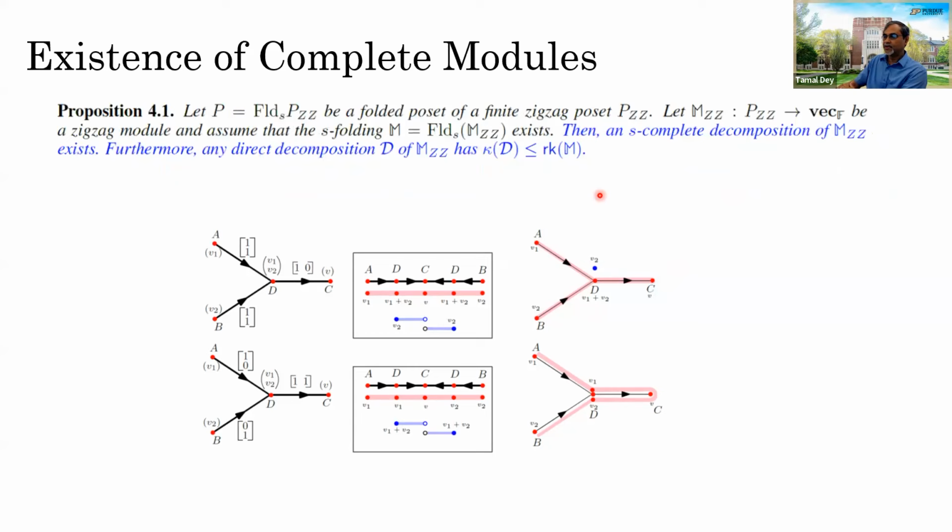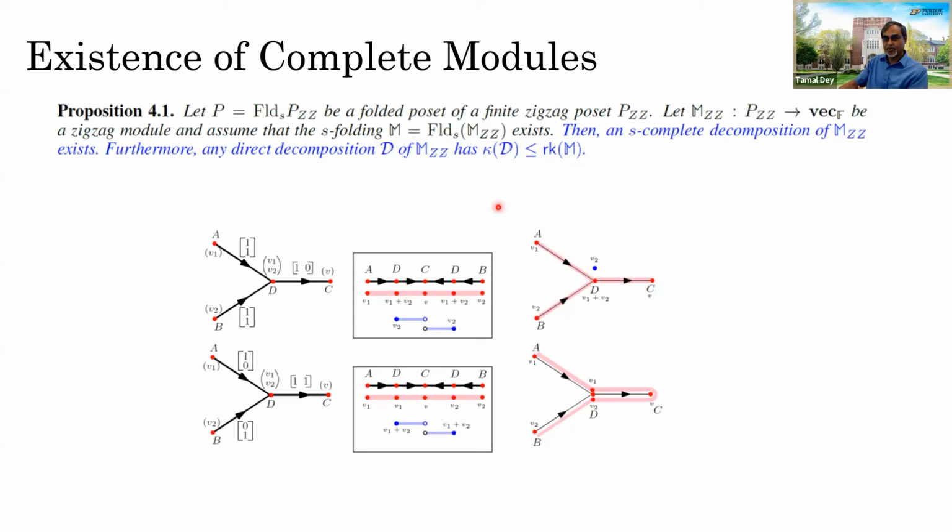Okay, so one can prove the following: suppose there is an unfolding of M to a zigzag module MZZ, then an S complete decomposition of MZZ exists. So maybe the algorithm has computed a decomposition which is not S complete, but there is one. It exists, so that means we should be able to compute it.